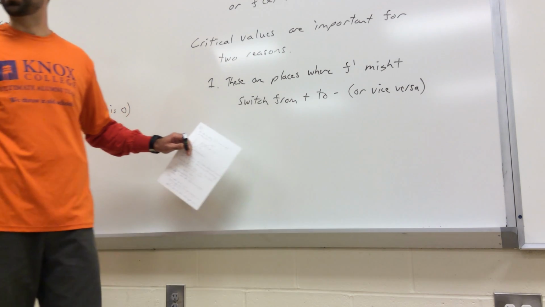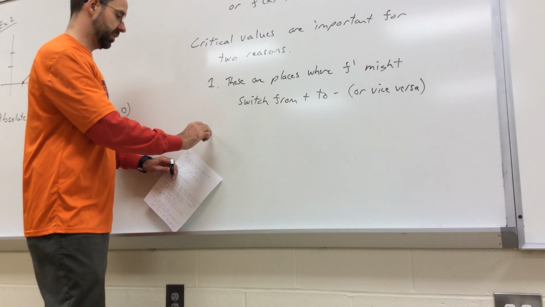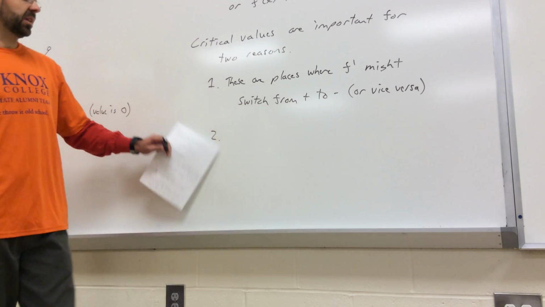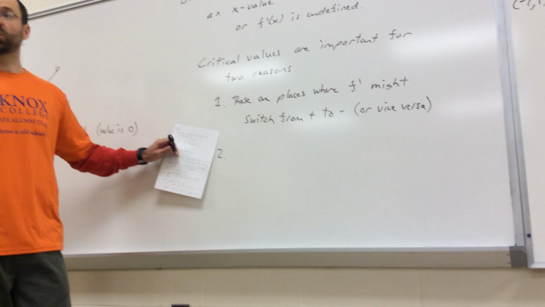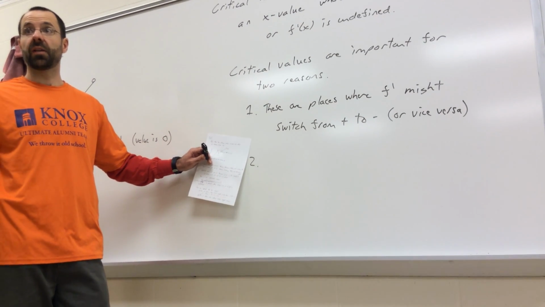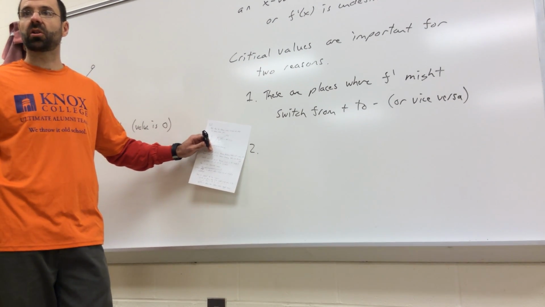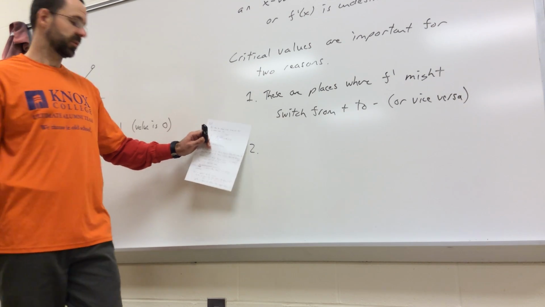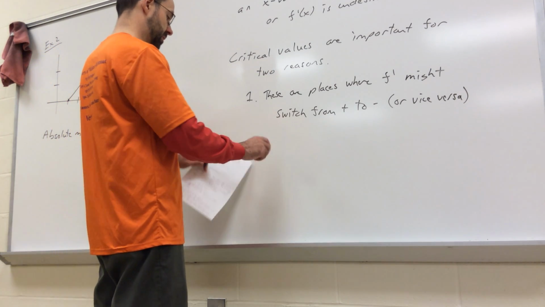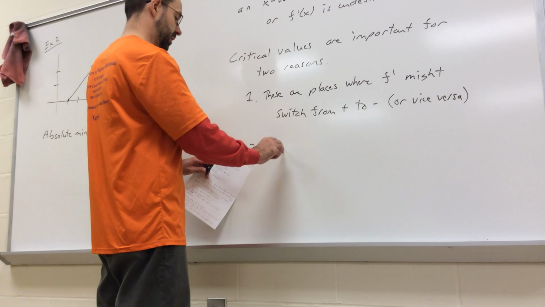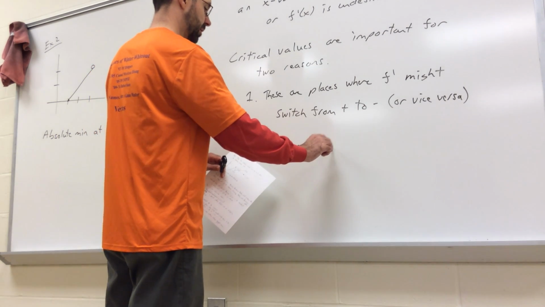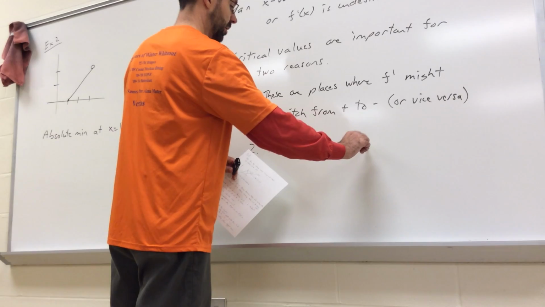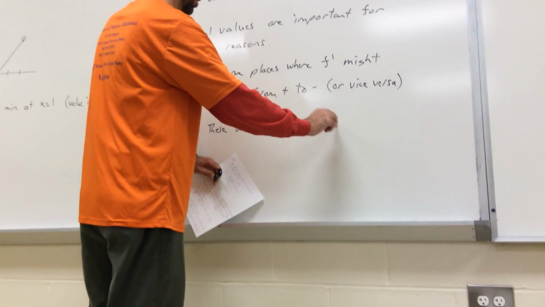And then the second reason they're important is these are places where local and, well, where any extrema could occur. Okay, so these are places where extreme values might occur.